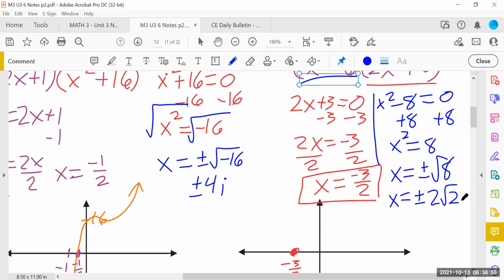Can I graph that? If you have a calculator nearby, which I stole all the ones from the first couple groups, can you take the square root of 8? Everybody, if you've got a calculator nearby, go ahead and try. Take the square root of 8.